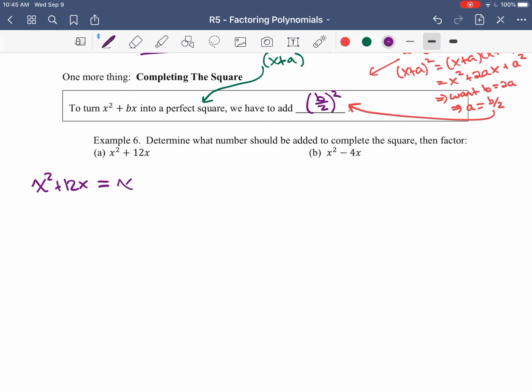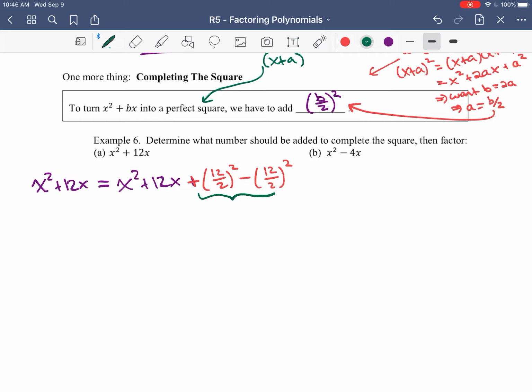So I have my x squared plus my 12x, and I want to add 12 over 2 squared. Can I just add a number? No, that changes it. Instead of just adding that number, what I need to do is add the number, but also subtract the number.